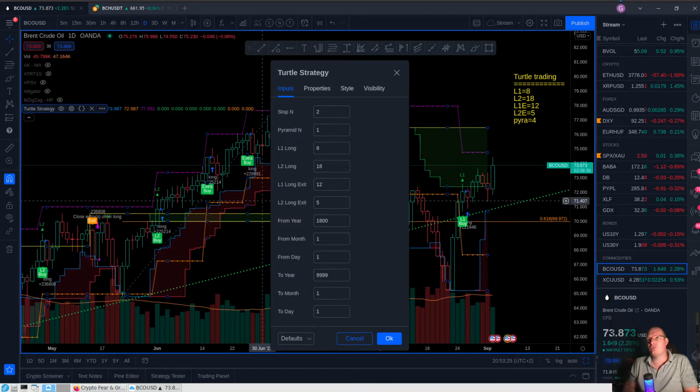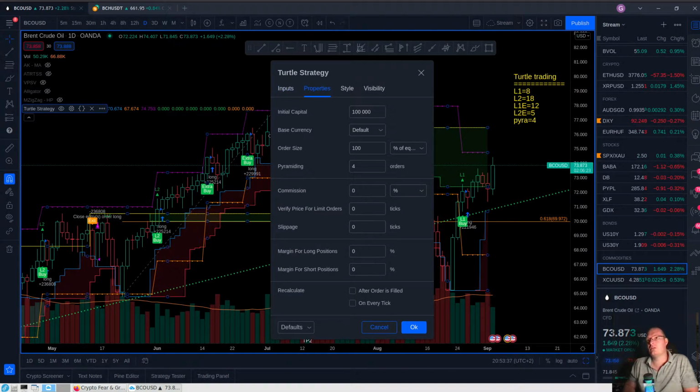From the default script, the from year, you need to change it. I put 1800 here by default, so just make sure you go back far enough in time. Order size, I always test with 100% of equity, and pyramiding should be the value 4. That's this beta equals 4 over here.